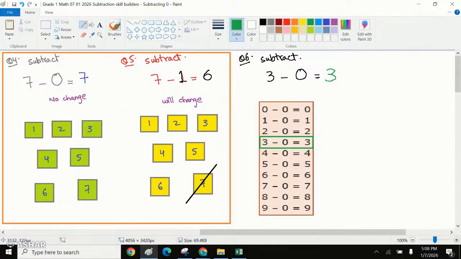Yes, thank you so much, both of you, for answering. So we need to remember the rule. When we minus 0 from any number, the number stays the same. We minus any other number like 1, 2, 3, any other number from the number, then it will change. If 0 is there, no change. Okay.